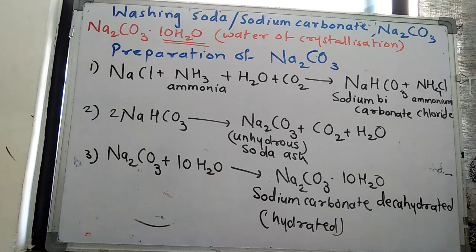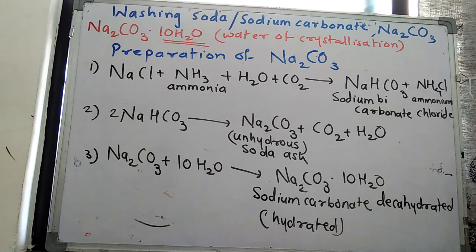In the second reaction we get Na2CO3, but this Na2CO3, sodium carbonate, is anhydrous because it does not have any water molecule. So to this Na2CO3, anhydrous washing soda, which is also called soda ash, we will add 10 molecules of water. So Na2CO3 plus 10H2O gives Na2CO3 dot 10H2O.